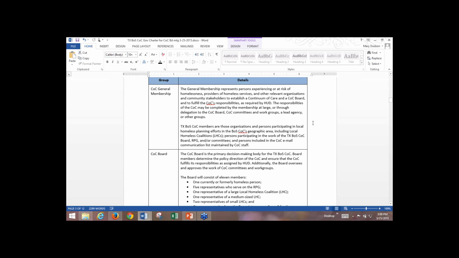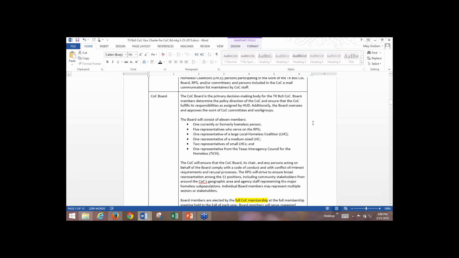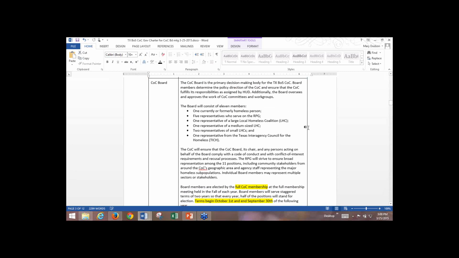Right now, we are still in the mode of being very inclusive and wanting to involve as many people as possible. All right, and then the COC board, a little bit more details about that. This charter is proposing that the board be composed of 11 members.